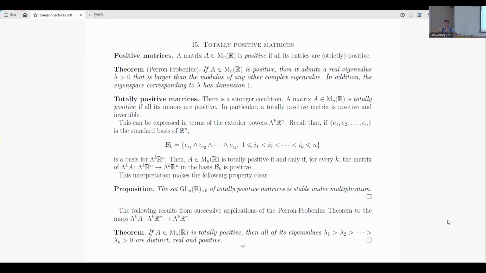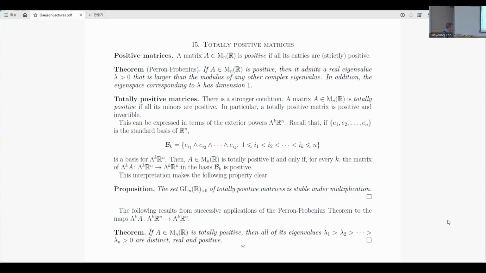So you get a k by k matrix, and that's the minor, and you take the determinant. You want those determinants to be positive. In particular, if you take the one by one determinants, namely the entries of the matrix, then they have to be positive. So if you're totally positive, you're positive. But if you're positive, you're not necessarily totally positive.